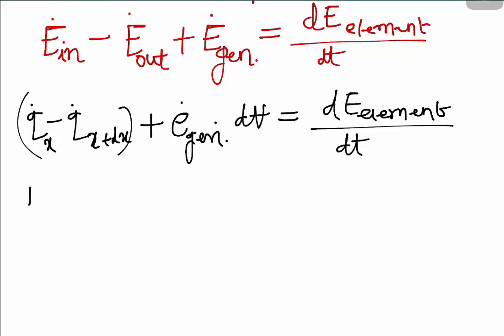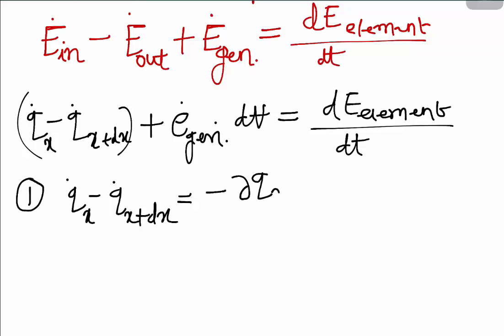Now we will calculate first term, which is Q dot x minus Q dot x plus dx. We know that this will be equal to minus dou of qx by dou of x into dx.